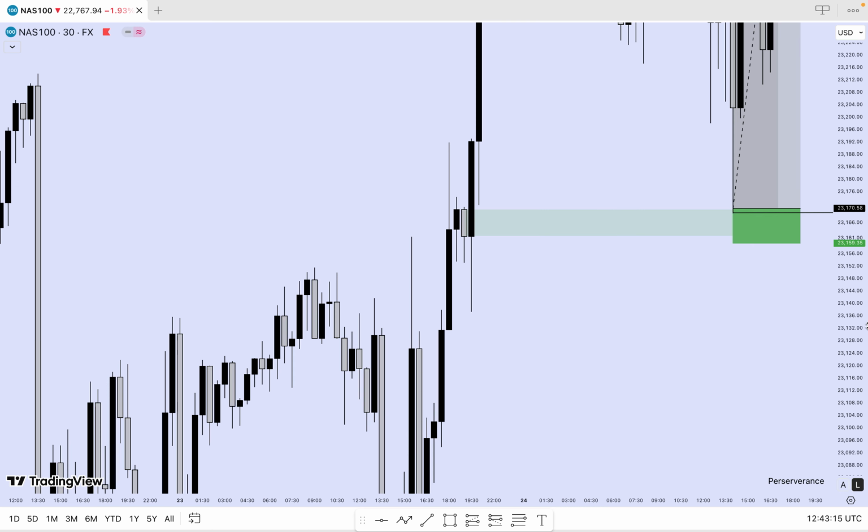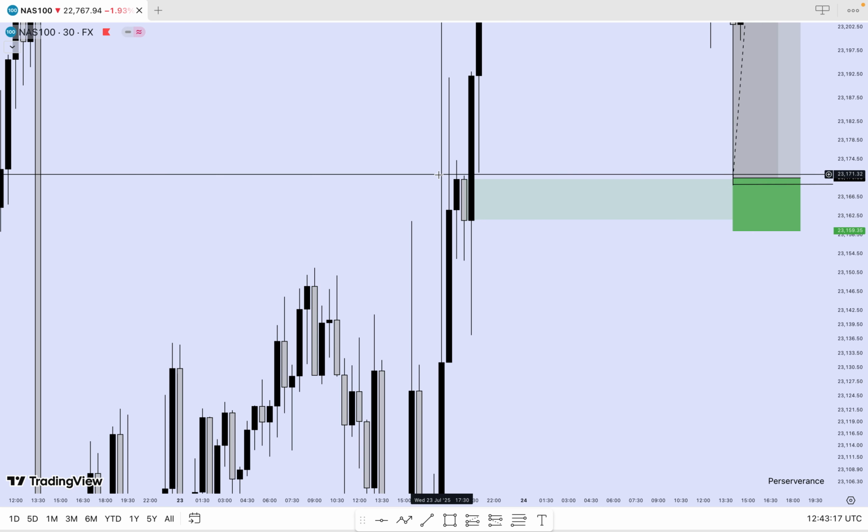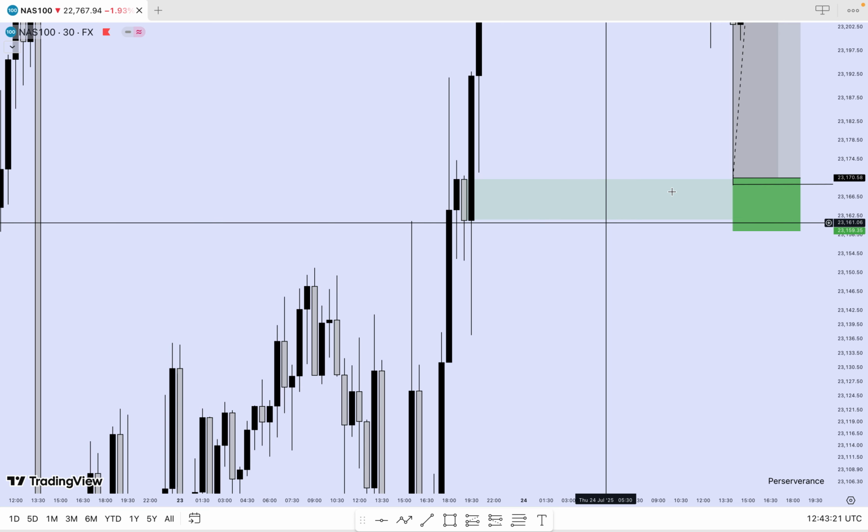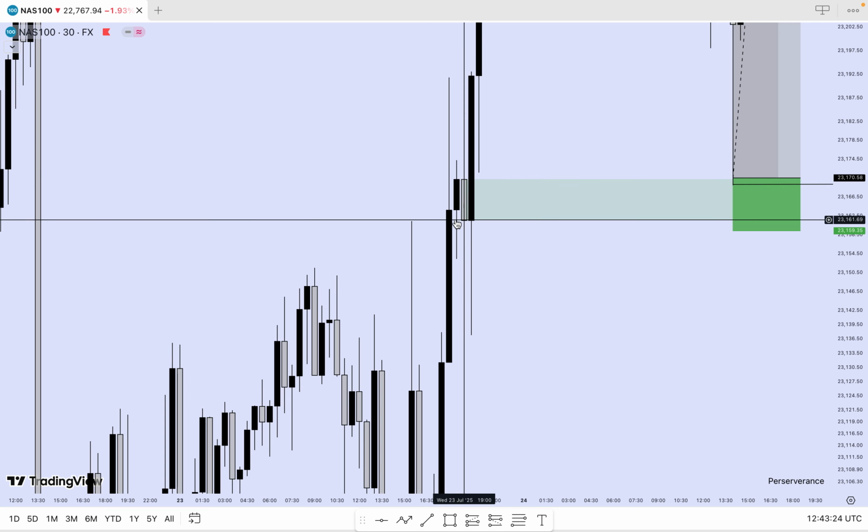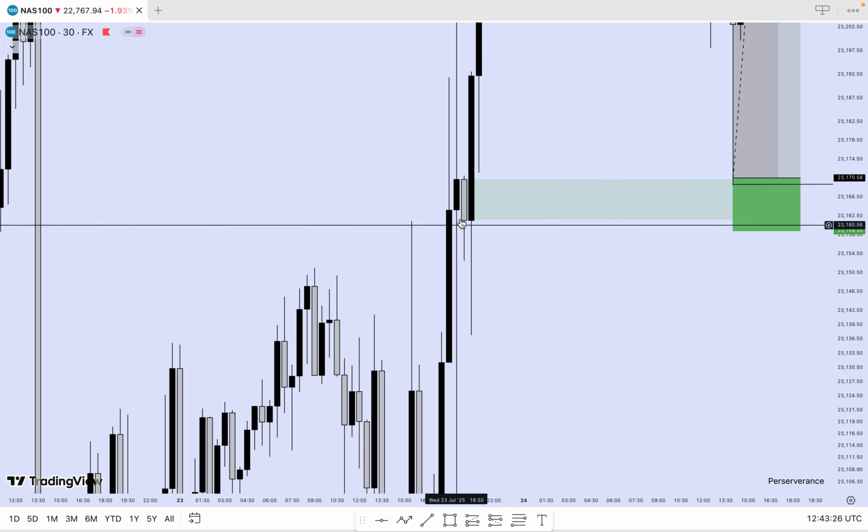You see that this order block actually has a small wick. So you mark it from the wick of the candle to cover the body of this candle.